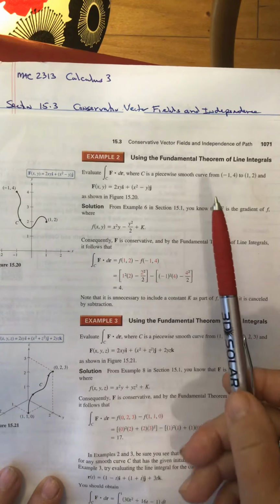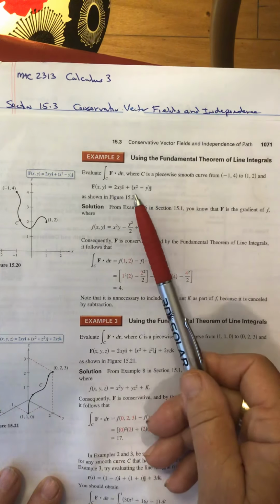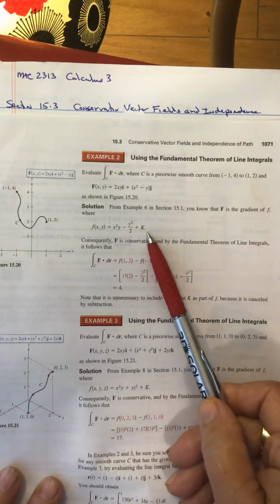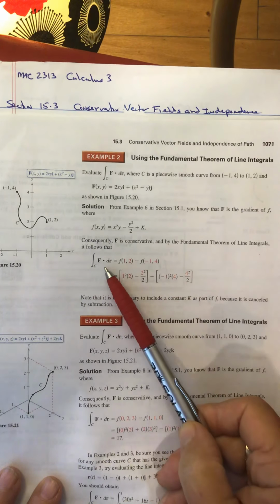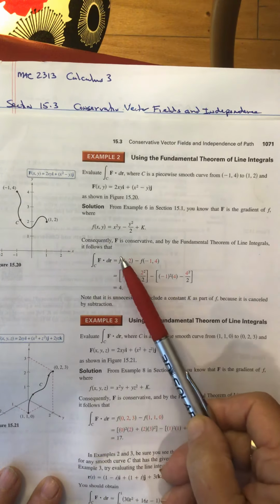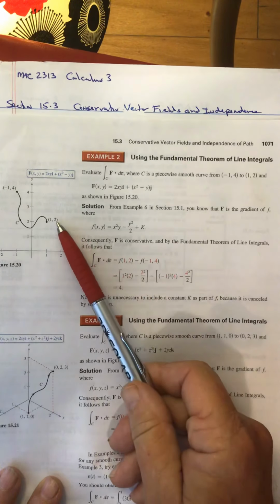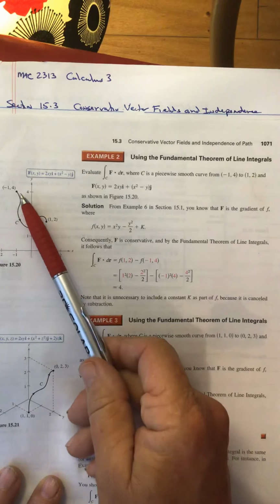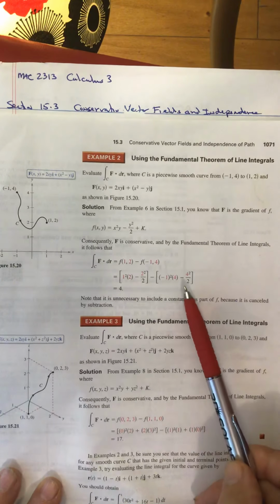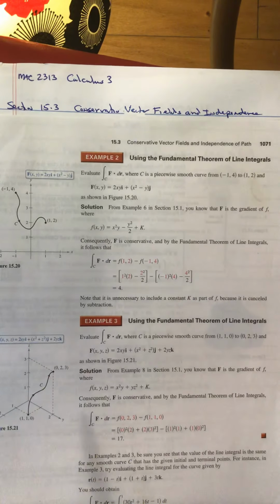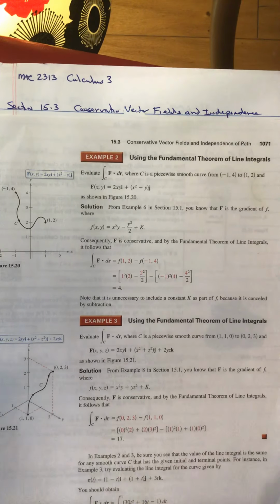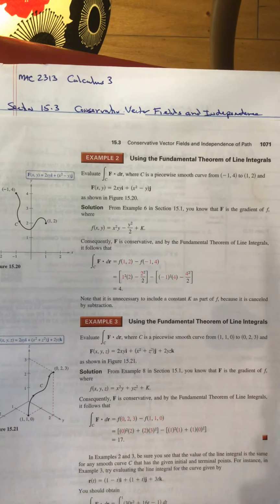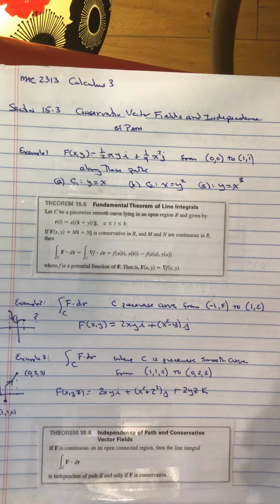Back in an earlier section, we found the potential function. So the work done is the value of the potential function at the end point (1, 2) minus the value of the potential function at the start point. It's called the fundamental theorem of line integrals.